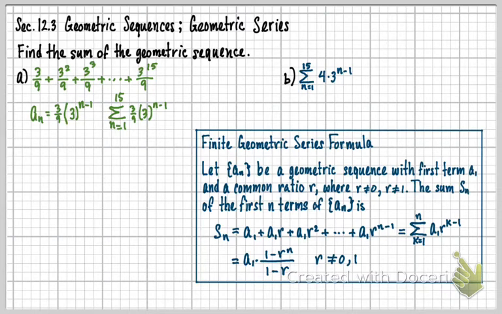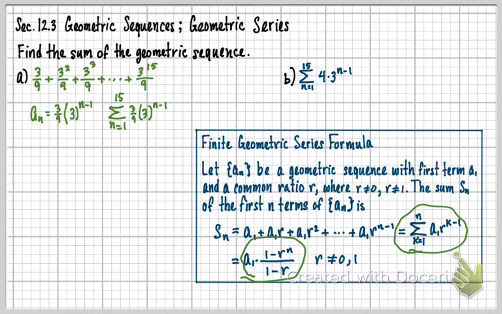The sum s of n of the first n terms of a sub n, that's the partial sum, is going to be a1 times 1 minus r to the n over 1 minus r. And see, here's that series that we actually set up previously. So now we're just going to plug in the information we need for this sum.